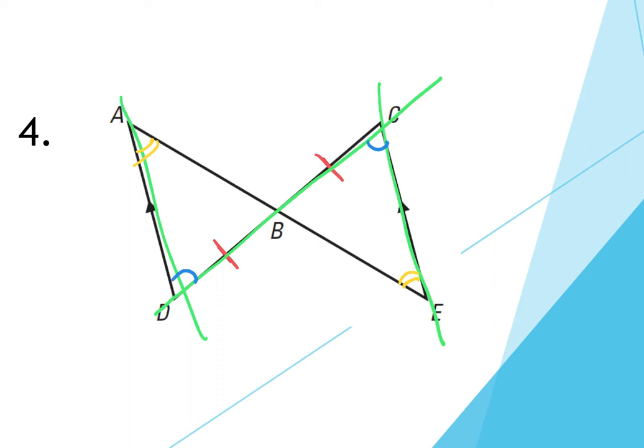That would have been angle, angle, side if you use that. But the easy thing that's not marked yet is what? The vertical angles. So these would also be congruent, okay? So I probably would have used one of the alternate interior angles and then the vertical angles. And depending on which alternate interior you use, this could have been angle, side, angle, or this could have been angle, angle, side.